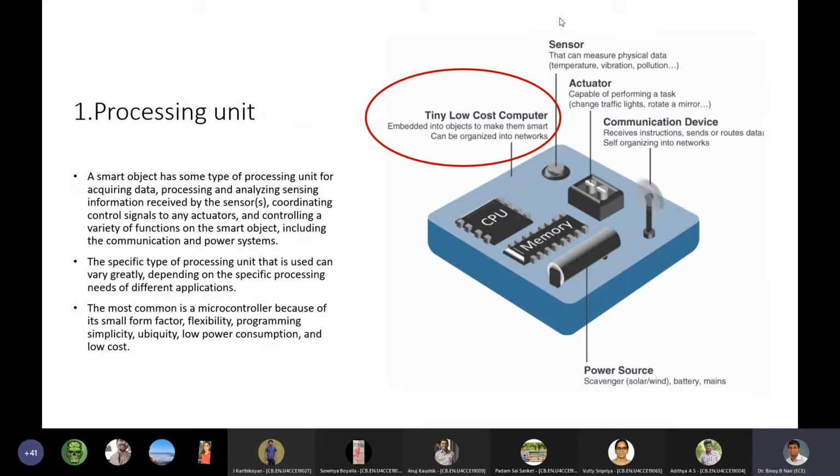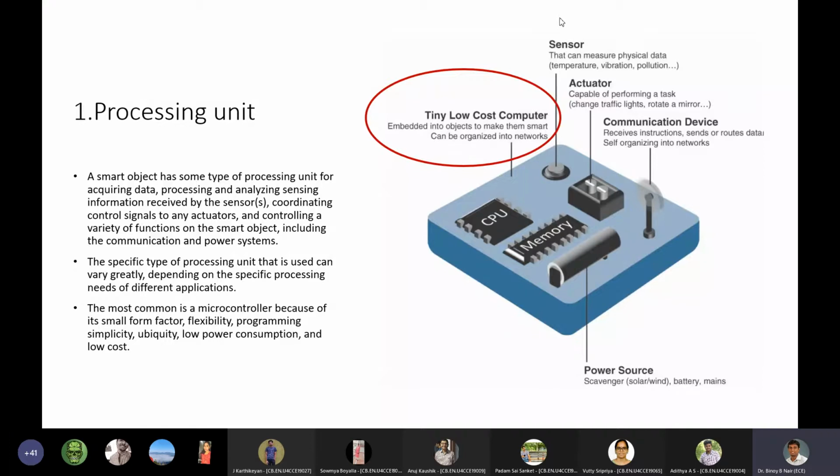So the entire computing facilities that are required for dealing with, say, a temperature sensor or a pressure sensor or something like that, whatever input is coming in, can be provided by devices like Node MCU or Arduino Uno, right? So that is one part of the whole smart object.